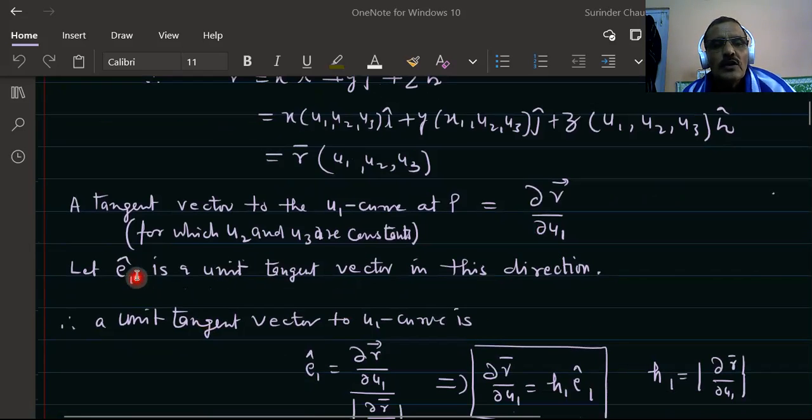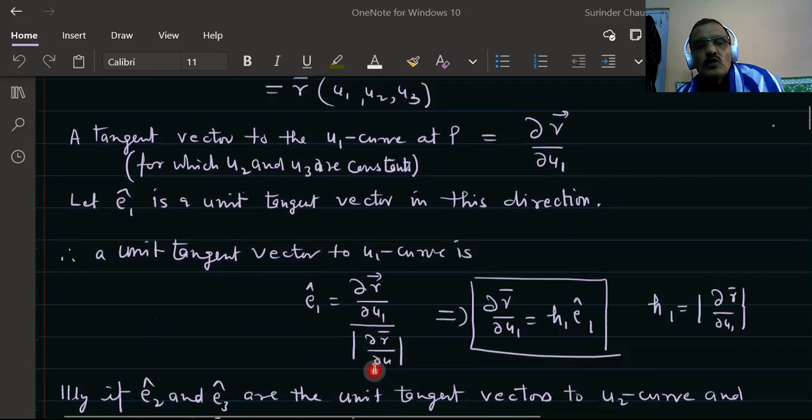Let the unit vector e1 be the unit tangent vector along the u1 curve. Then what will this unit tangent vector be?